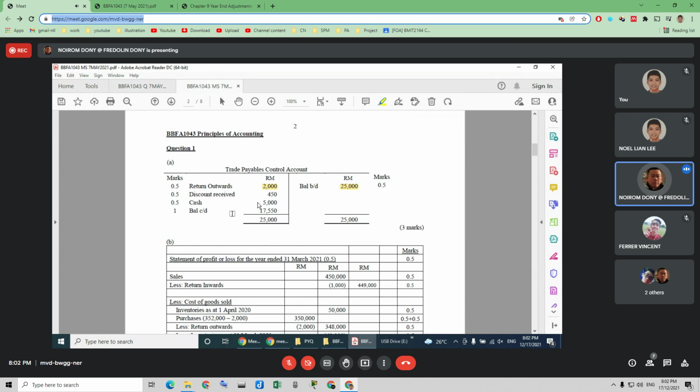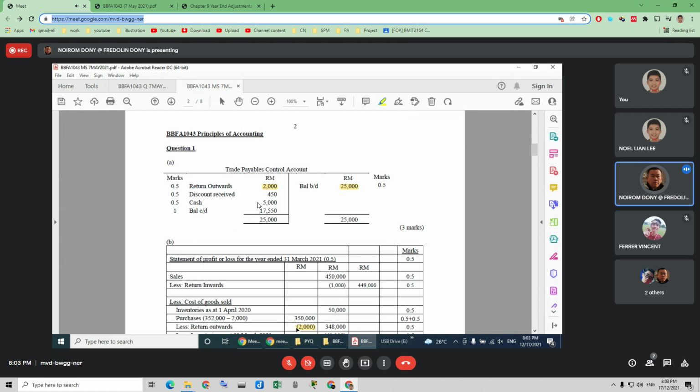So after you record the trade payable control account, make sure about the return outward in the trial balance, the existing. If you look at the trial balance, we only have return inward. We don't have return outward. So now you should record the return outward. So we need to provide it here, which is this one. So this is debit.